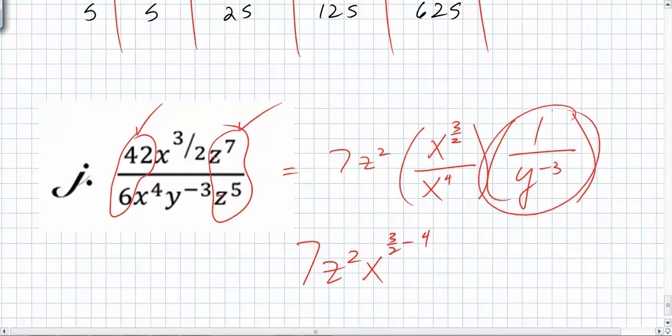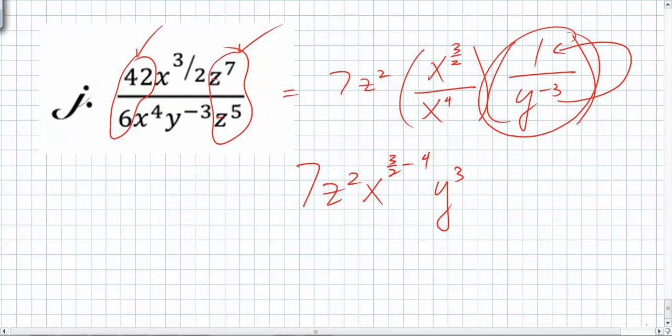And what does this become? Where can you put that y to the -3? Put it on top, and if you put it on top, it becomes y to the 3rd. What's 3/2 minus 4? How many halves are in 4? 8. There are 8 halves in 4. So what's 3/2 minus 8/2? Negative 5/2, y to the 3rd.